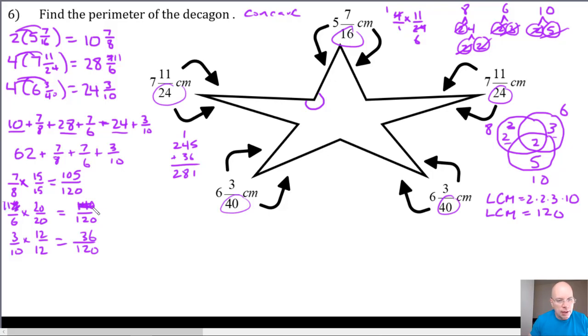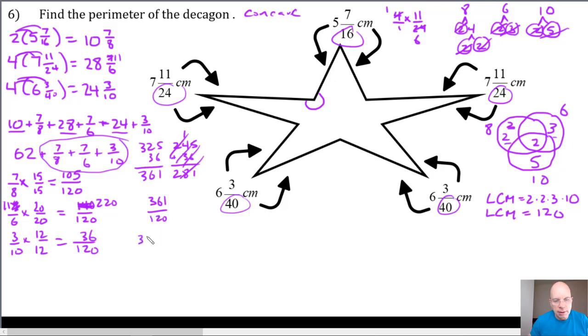We just need this improper fraction now to be 220/120, not what I had. And so now when I add these up, I get 325 and 36. It's 361. So the sum of these three fractions is 361/120.